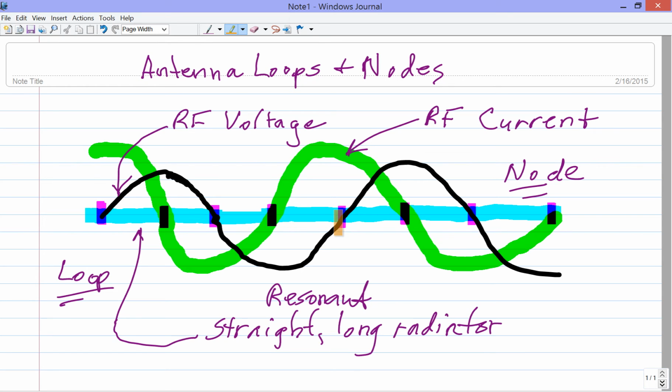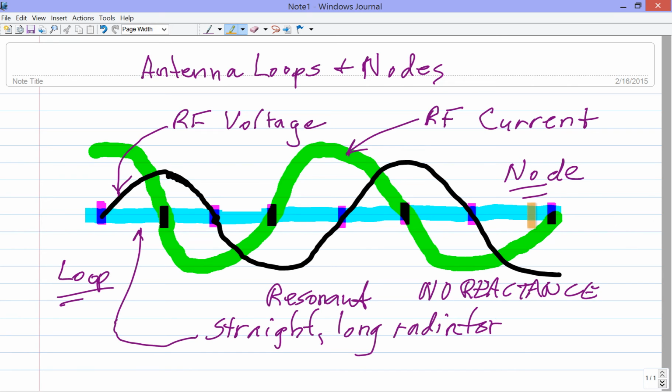Now, if you attach the feed line to the antenna at any of these points, you will get no reactance. That is to say, you will get a purely resistive impedance. If you feed an antenna at a current node, that would be here, here, here, or here, you get a very high pure RF resistance.